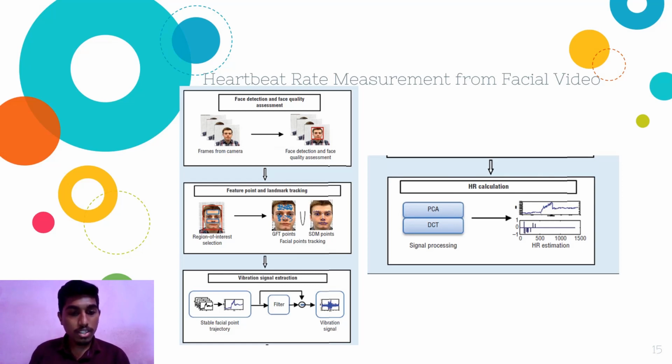After that, vibration signal extraction is done, and through that heart rate calculation is done from the vibration signal extracted from the detected, quality-assessed image.